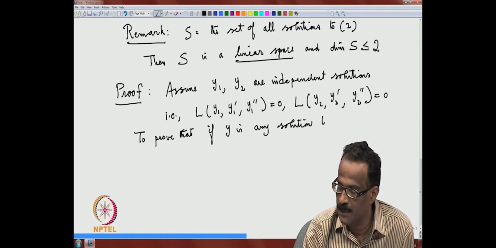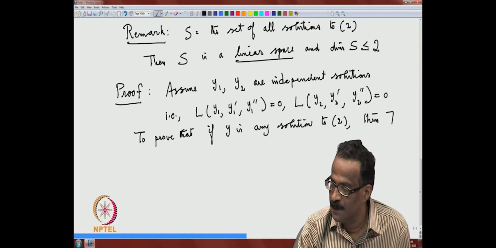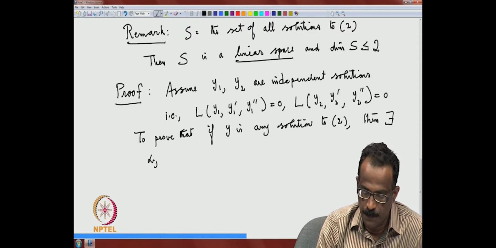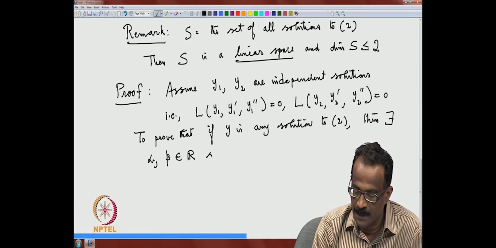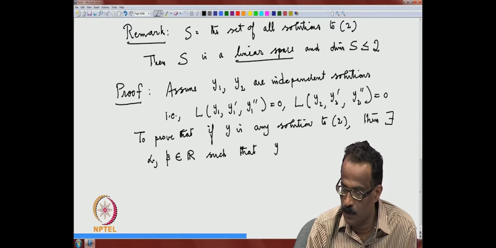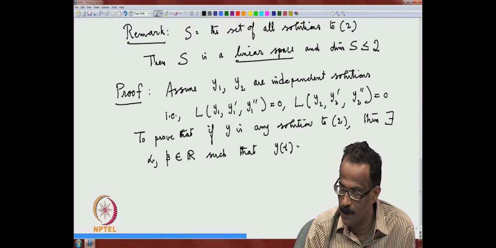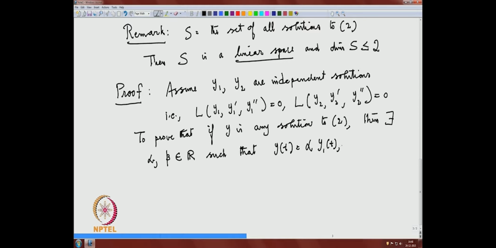to the homogeneous equation 2, then you have to produce alpha, beta belonging to R such that y of t is equal to alpha, a constant, into y1 of t plus beta into y2 of t for all t.